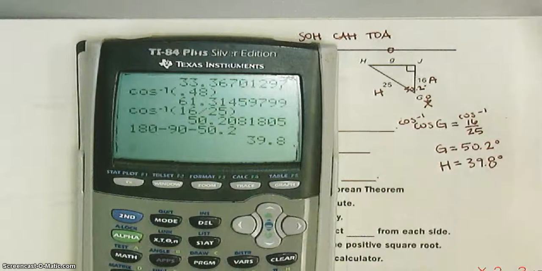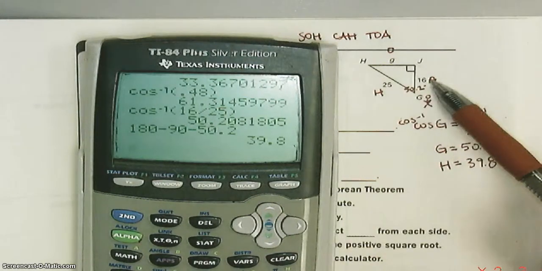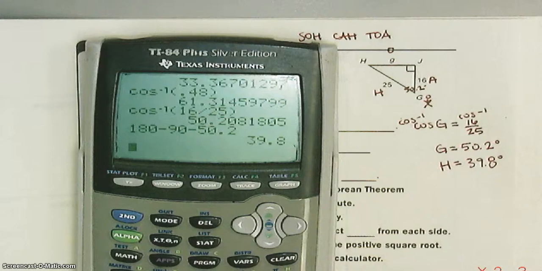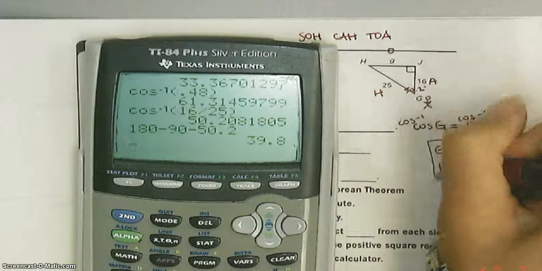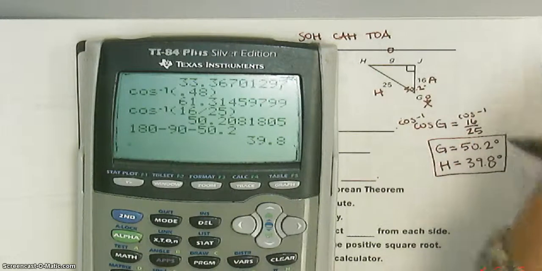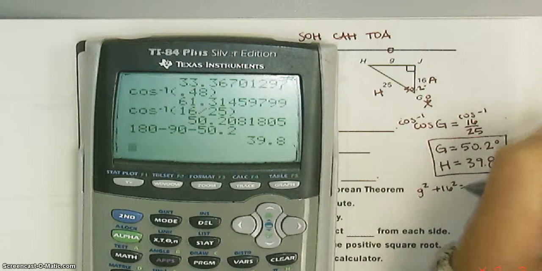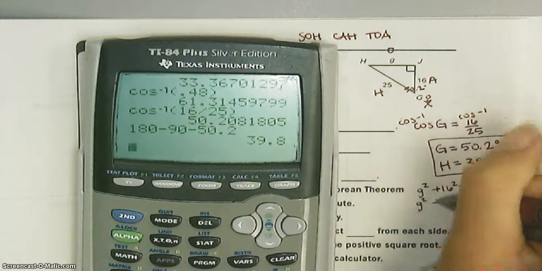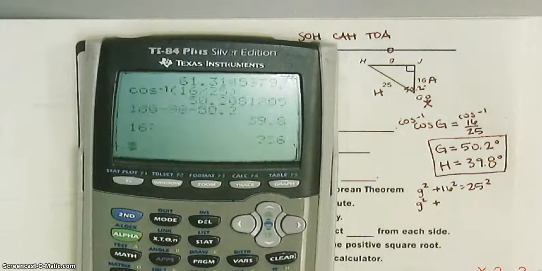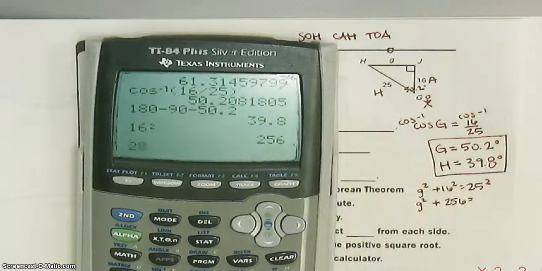Well, I can use regular SOHCAHTOA if I want, but notice I already have two sides, so I can just use the Pythagorean Theorem. That's another way. So here's these two answers. g squared plus 16 squared equals 25 squared. I believe that's 256. I think that's 525.